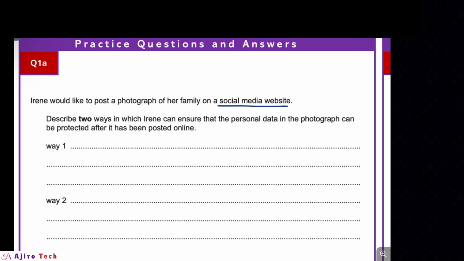So we have social media and we have personal data. We see this in chapter 5, e-security, because chapter 6 is digital device, chapter 7 is expert system. So e-security.